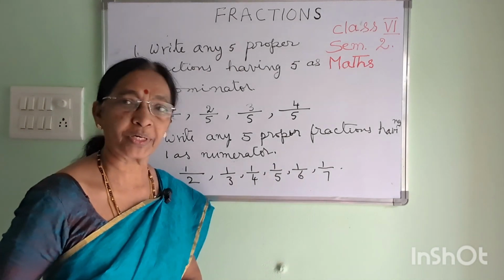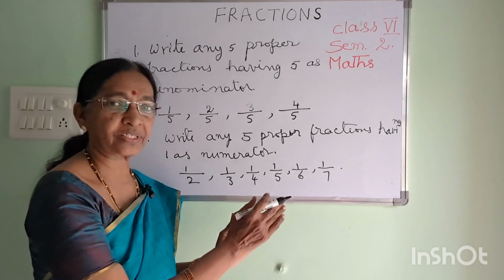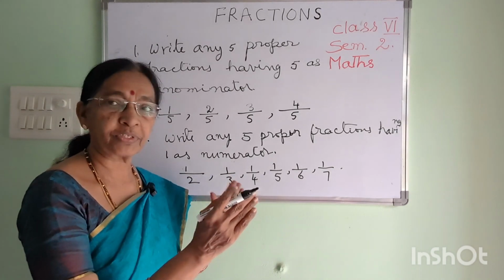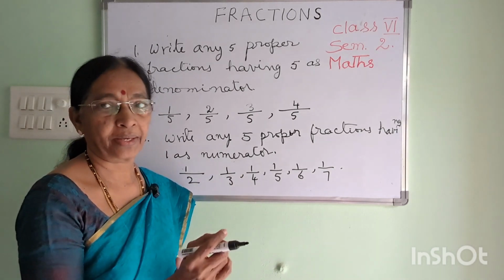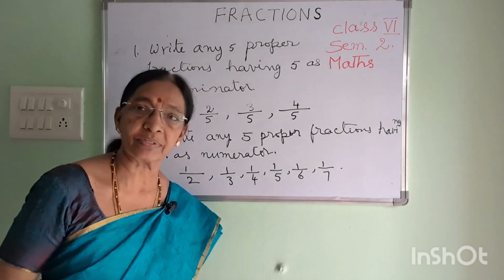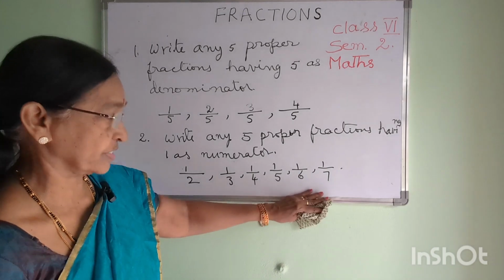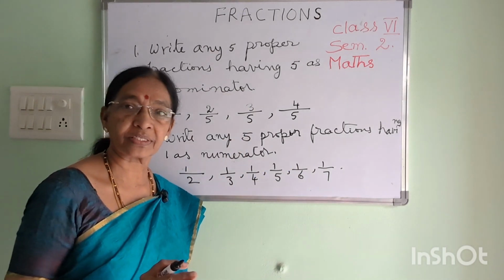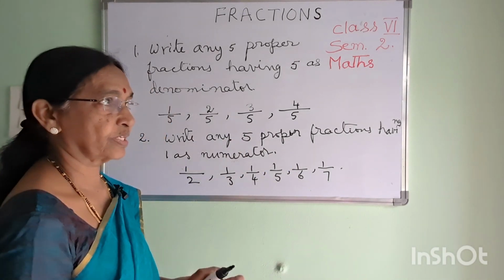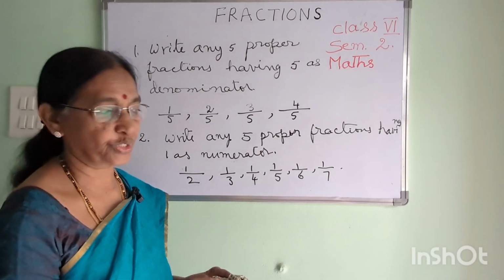Therefore, all these fractions lie between 0 and 1 on a number line. And the value of all the proper fractions is less than 1 and they lie between 0 and 1.